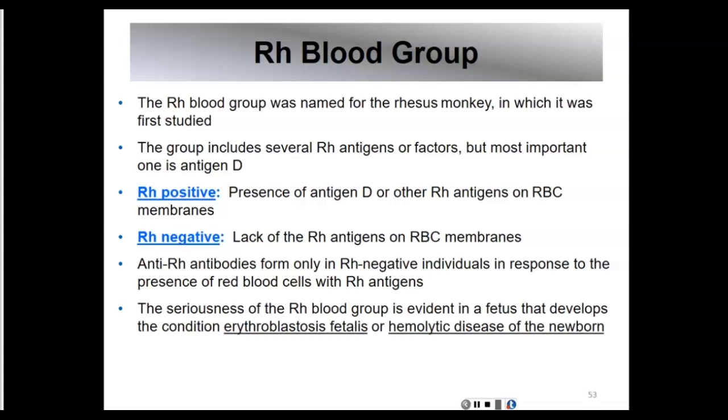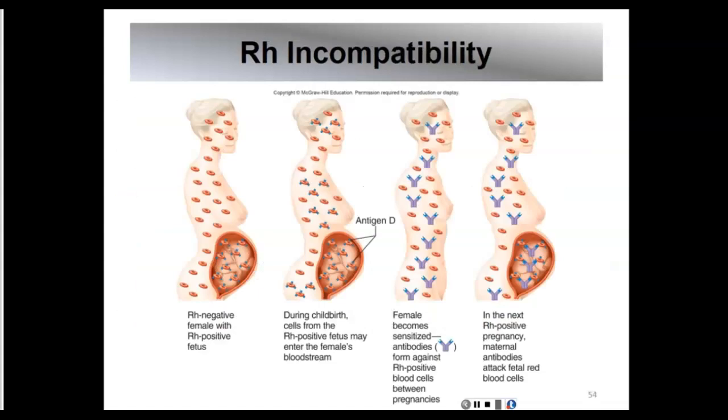Anti-Rh antibodies form only in Rh negative individuals in response to the presence of red blood cells with Rh antigens. This can be serious if the Rh blood group is evident in the fetus, which develops the condition erythroblastosis fetalis, or hemolytic disease of the newborn. So this is a good chart to show us how that works.